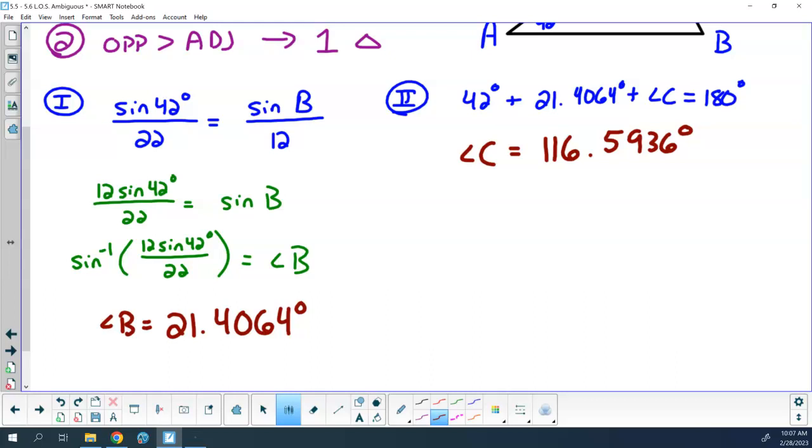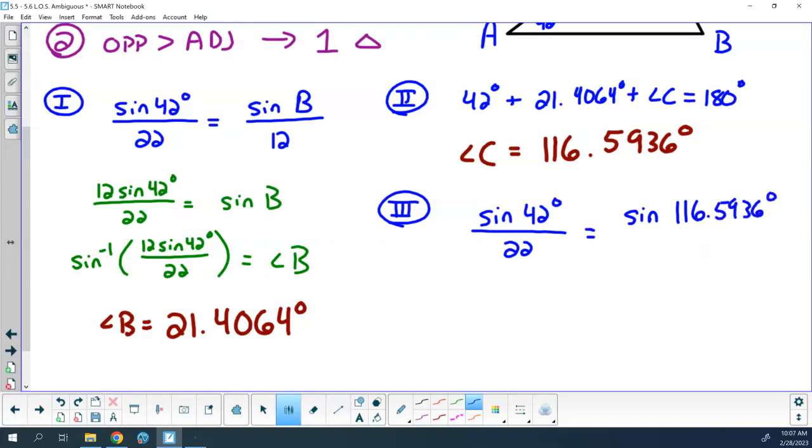Now the third thing that we can do is say that the sine of 42 degrees divided by 22, I always go back to the one that we know for sure. We used angle B in 12, while we rounded angle B, so our answers are going to be slightly off. Equals the sine of angle C over side little c.